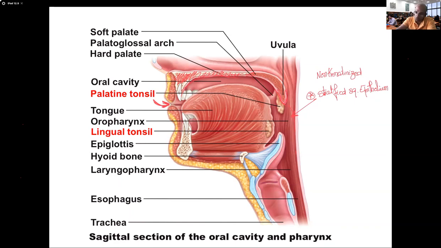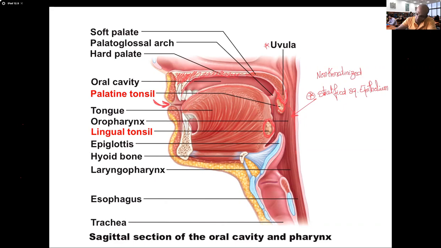It's the uvula. As you see, this is going to be the tongue, and related to the tongue posteriorly, this is going to be the lingual tonsil. On both sides of the oropharynx, we're going to get the palatine tonsils.